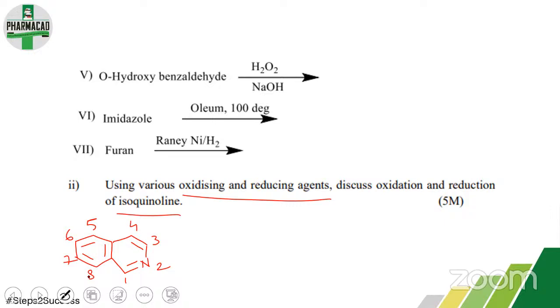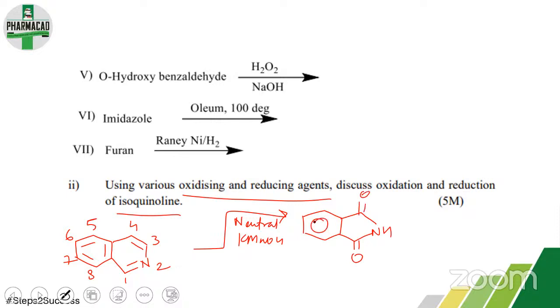So see, if we are using neutral KMnO4, we will get this phthalimide. Remember this thing.